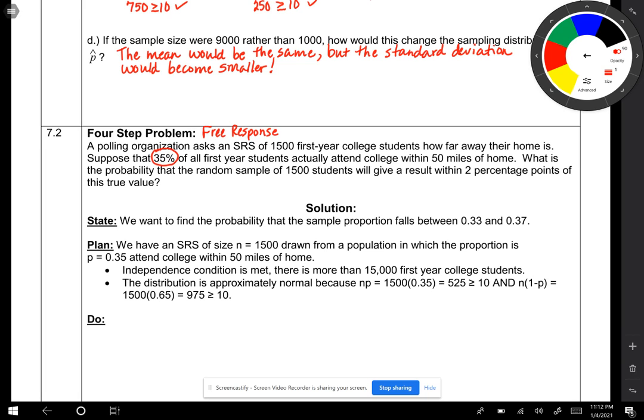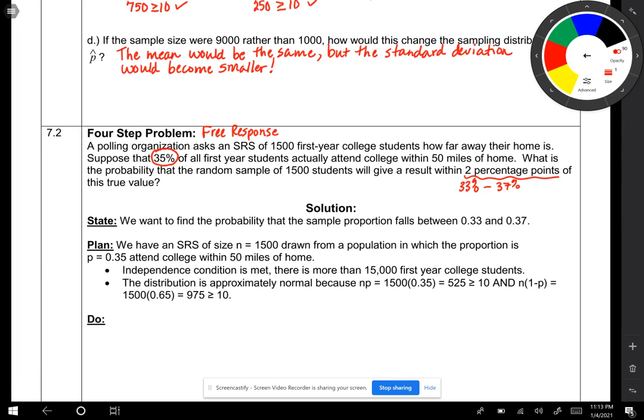So that is P. What is the probability that the random sample of 1,500 students will give a result within 2 percentage points of this true value? So 35% is our population proportion, and within 2 percentage points would be 2 percentage points below and 2 percentage points above. So 33 to 37%.